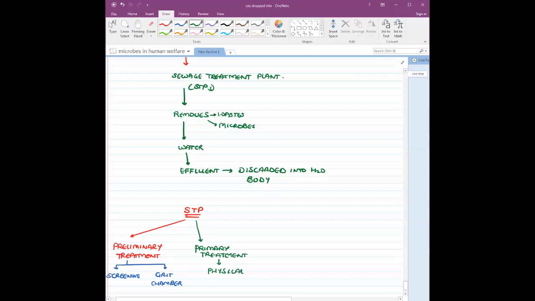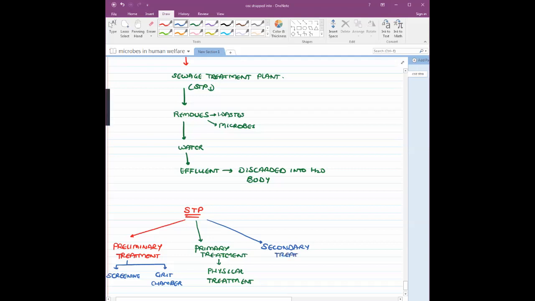Why physical treatment? Because we are going to target the physical properties of the sewage water. So this is also known as physical treatment. Okay, but now the next thing, after your primary treatment, we are going to go for your secondary treatment. So primary treatment, secondary treatment.